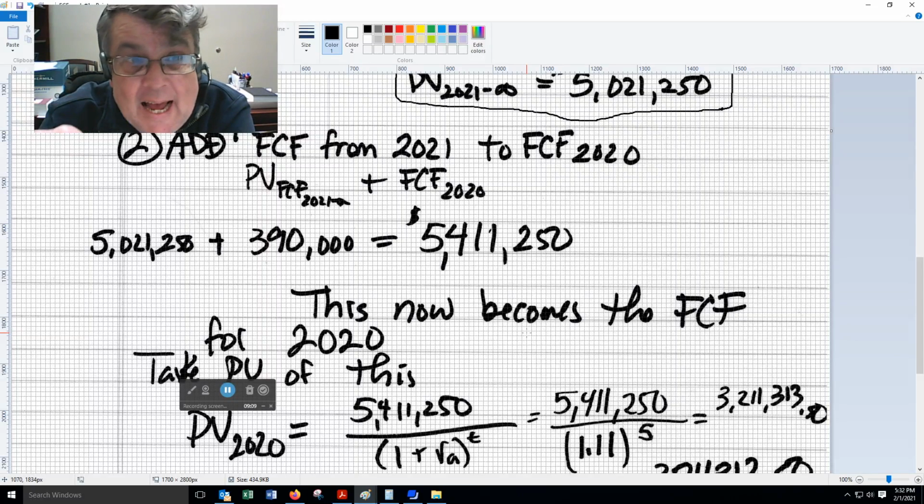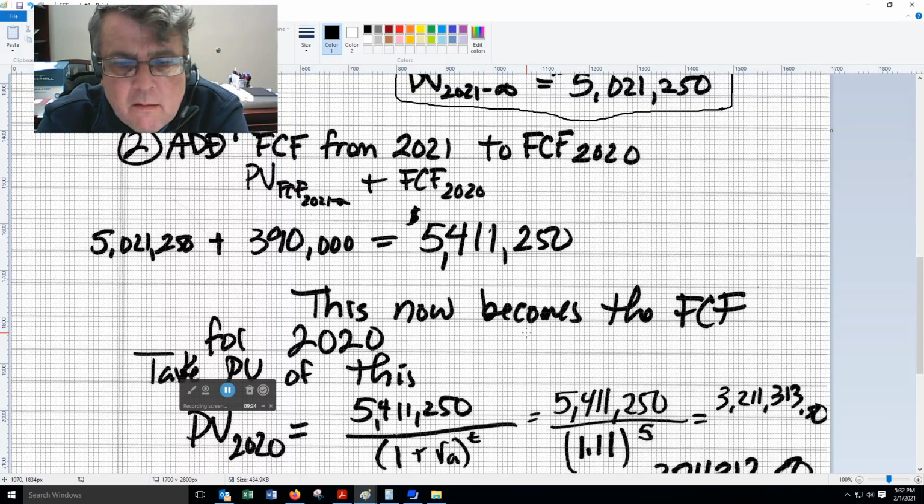So we can just add those to the actual free cash flows we got off the table from 2020, and then take the present value of that whole thing for the year 2016, and we'll show you how to do that.